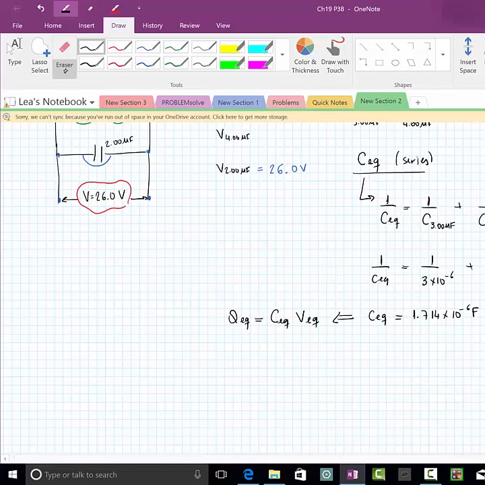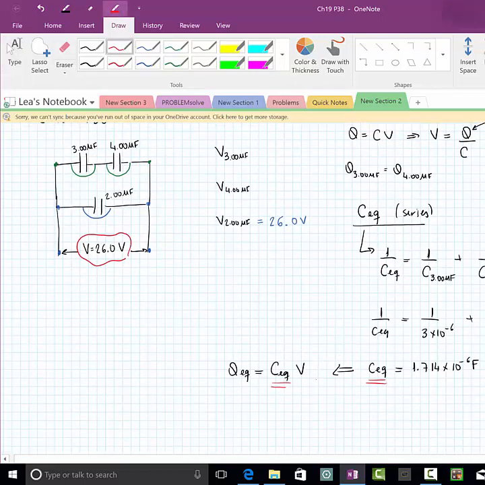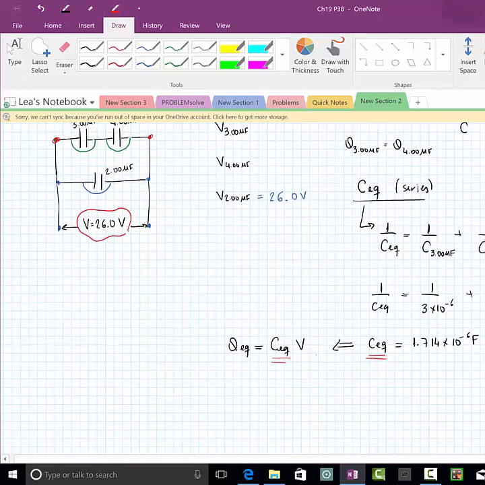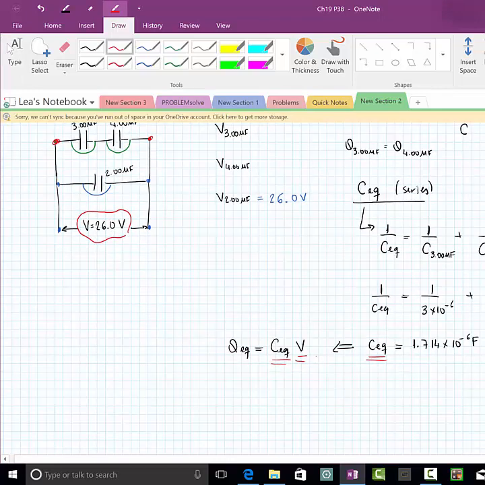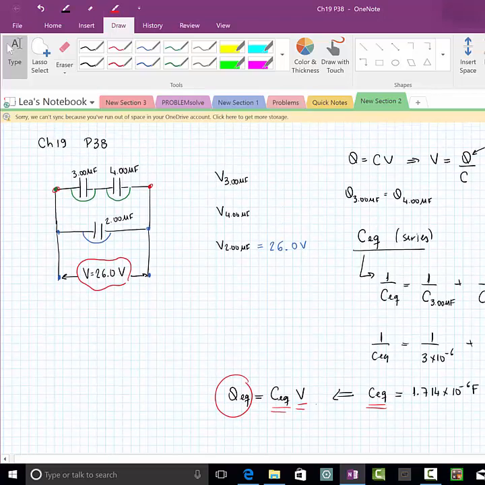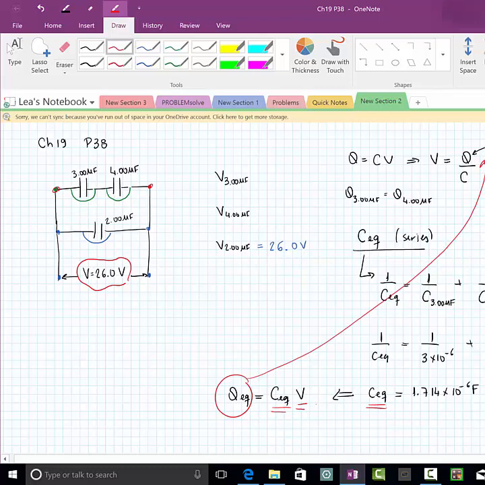So let me erase this. We just found this equivalent capacitance, so we put it here. The voltage, as we said, the voltage across both capacitors is the total voltage of the circuit. So from here we find this total charge. With this total charge, we can then come to this expression here to find the voltage of each capacitor.